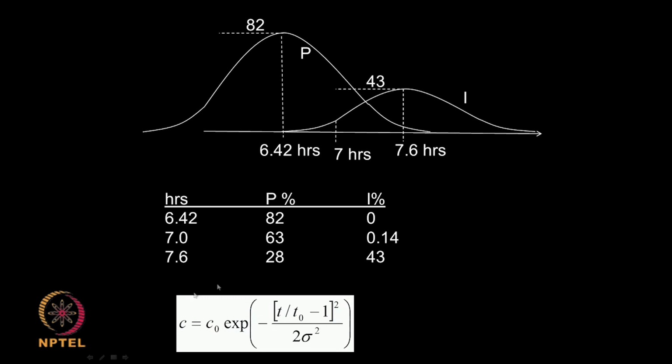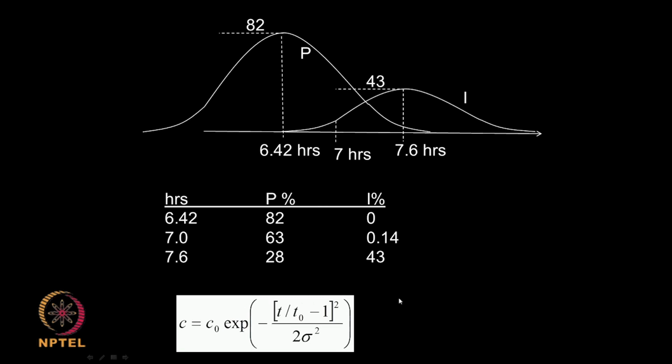Okay. So, first we use this for the product: T naught will be equal to 6.42 hours, and C naught will be 82, whereas for the impurity T naught will be 7.6 hours and the corresponding C naught will be 43. Okay.